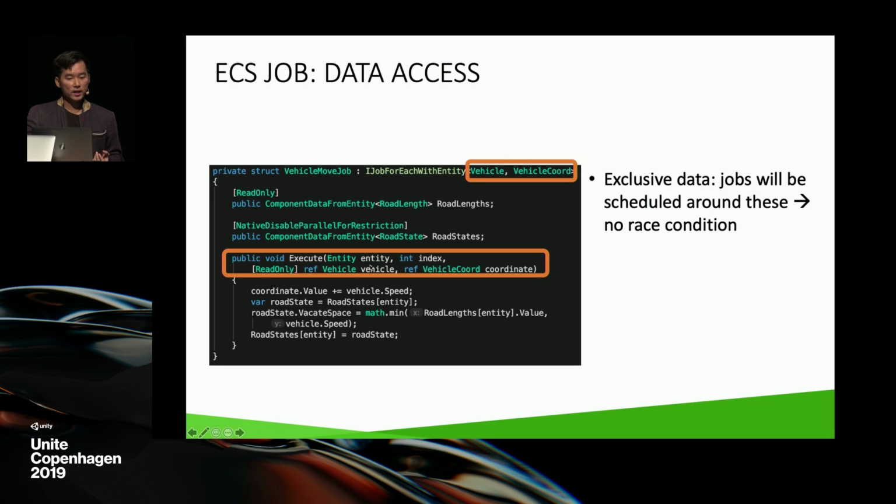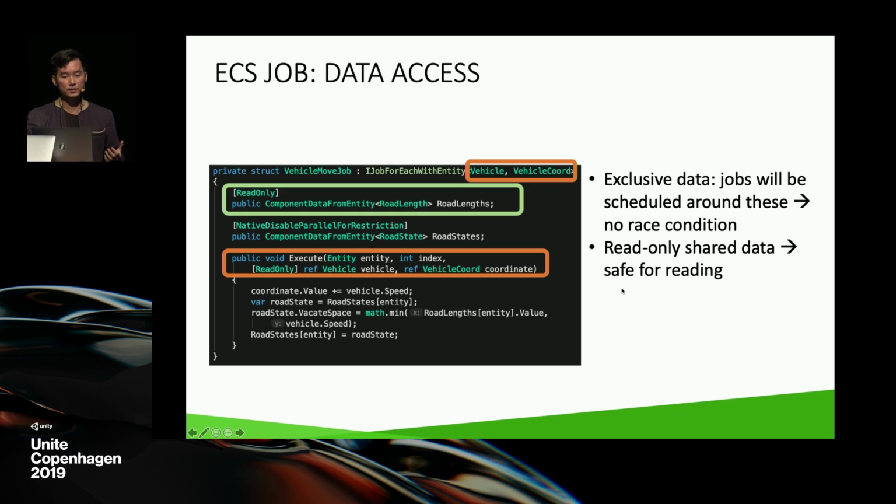So the data you have in this parameter list is exclusive data. Unity ECS ensures that there is no race condition happening on this data because you are iterating on this entity. No other job, no other worker thread can access this data alongside you. So you are free to write and read from all of these components in this parameter list.